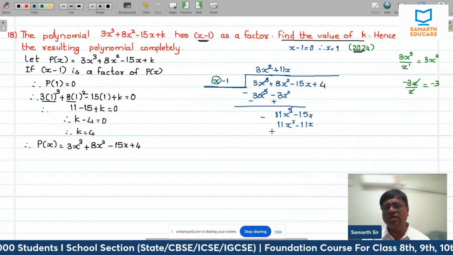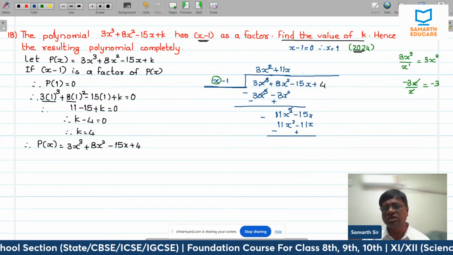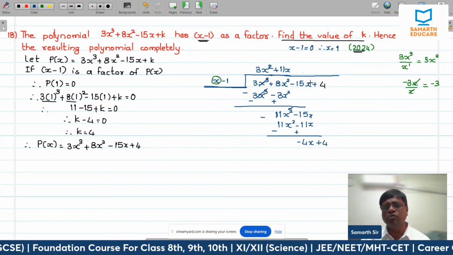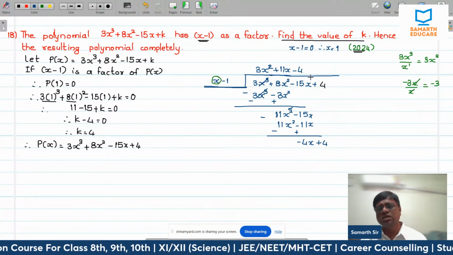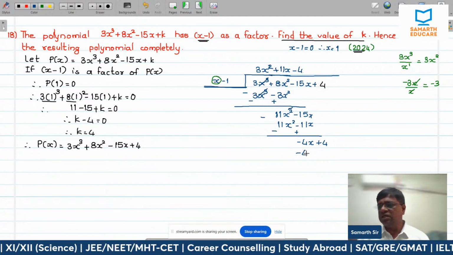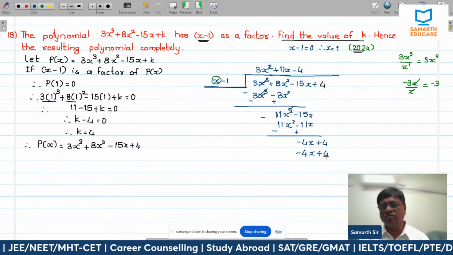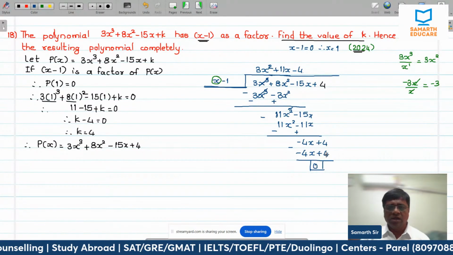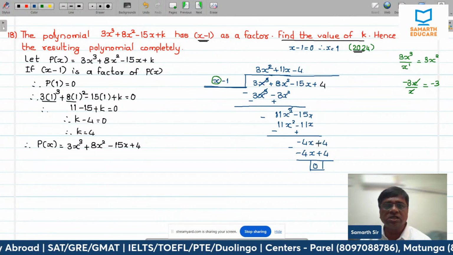If I subtract this, the sign changes and I get minus 4x plus 4. So I will have to multiply by minus 4. So that becomes minus 4x plus 4. If I subtract them, the same terms are there. It gets subtracted and the remainder is 0 as expected.